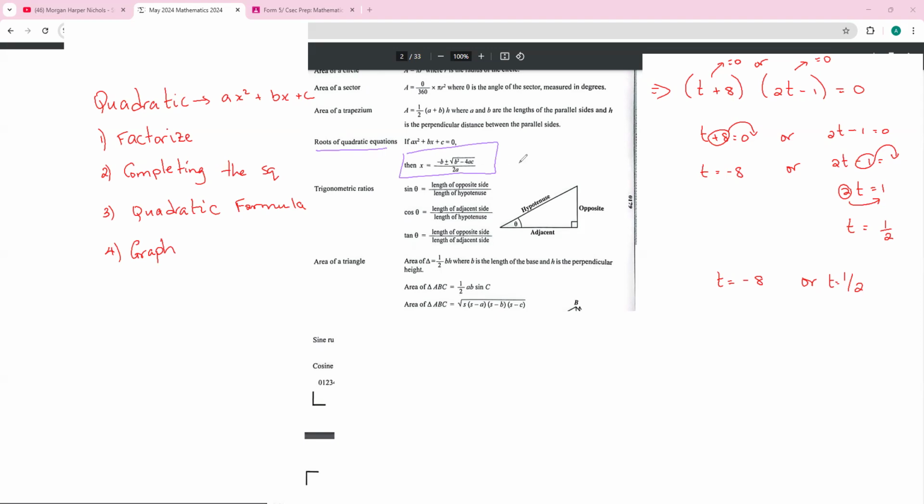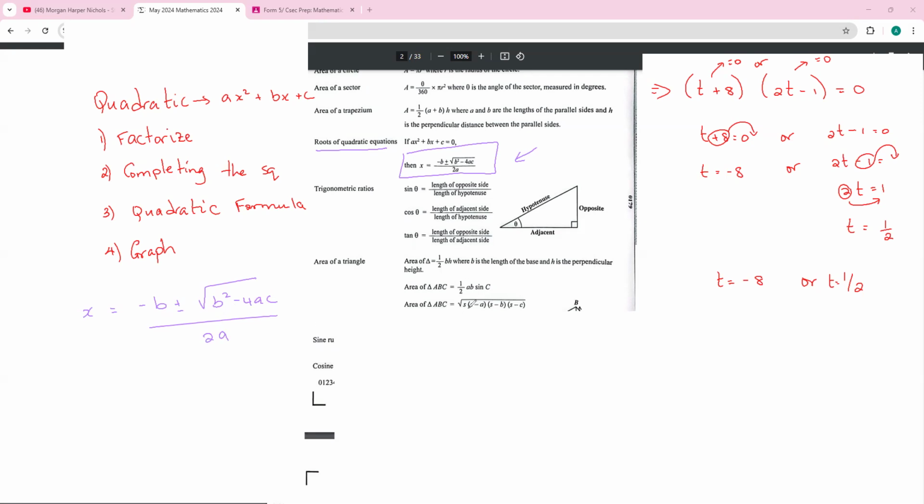So we could use this as a formula, and we just basically substitute from the quadratic. Wherever I have B, I put B. Wherever I have C, I put C. And wherever I have A, I substitute A in. So next class, we're going to use the formula to solve that one.